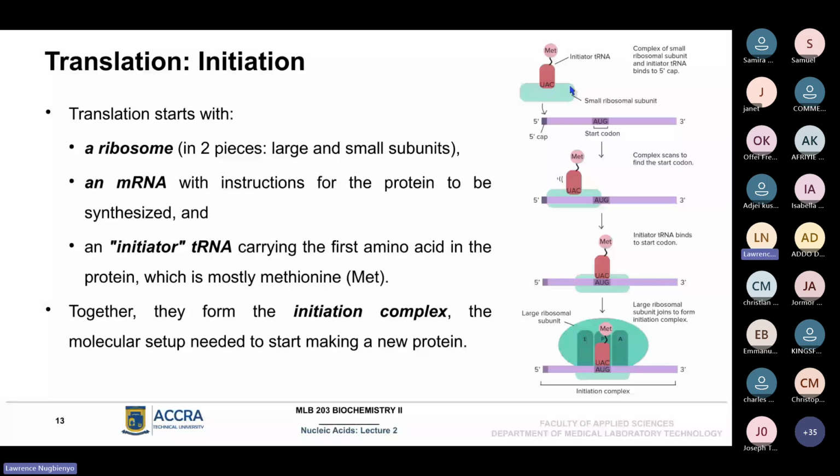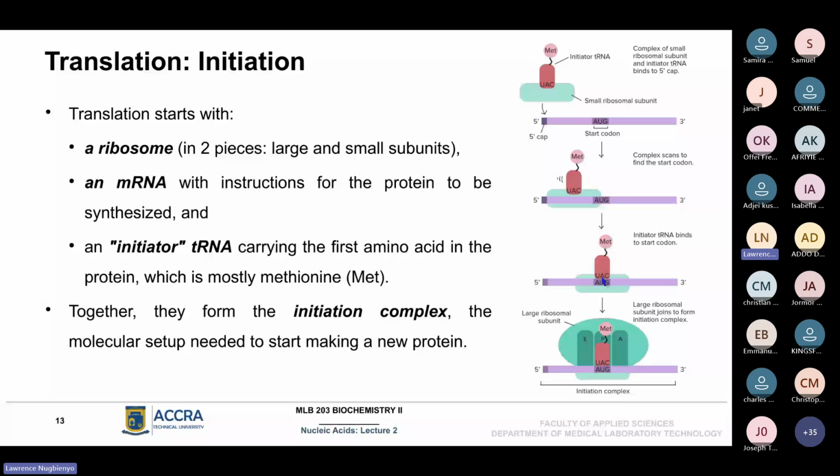Now, the ribosomal unit binds to the promoter region, and then you see that there is that shift all the way until you have these complementary bases bonded together.